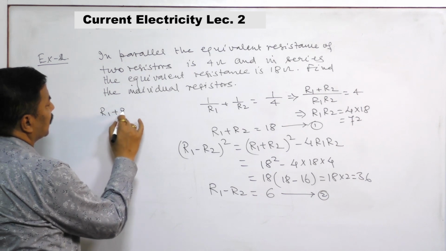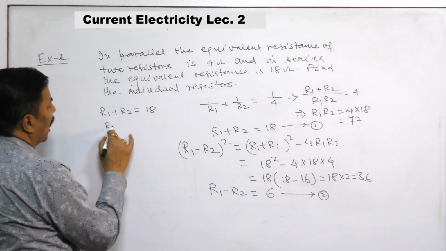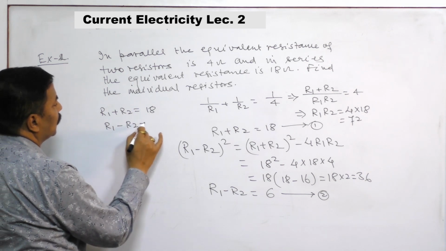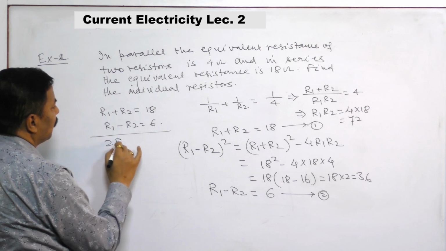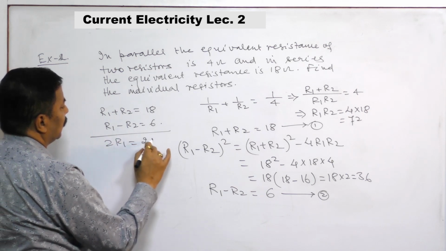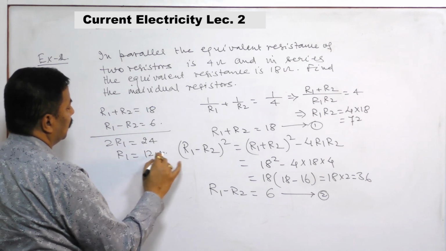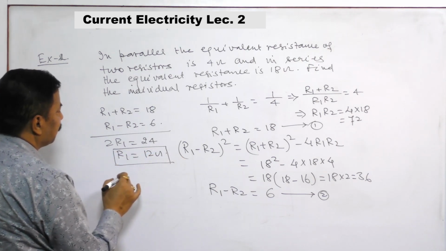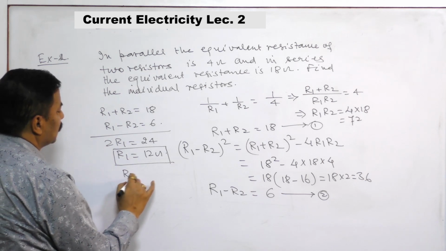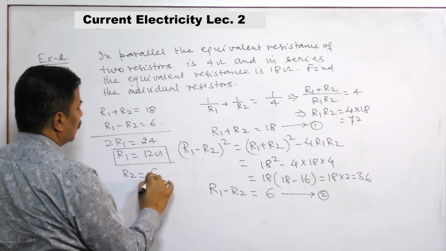Take it as equation number 1, and take this as equation number 2, and you can easily solve it. R1 plus R2 is equal to 18. R1 minus R2 is equal to 6. Add them, 2 R1 is 24. So R1 is 12 ohm, and R2 is equal to 6 ohm.